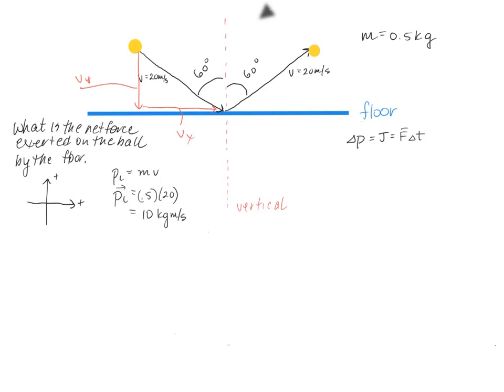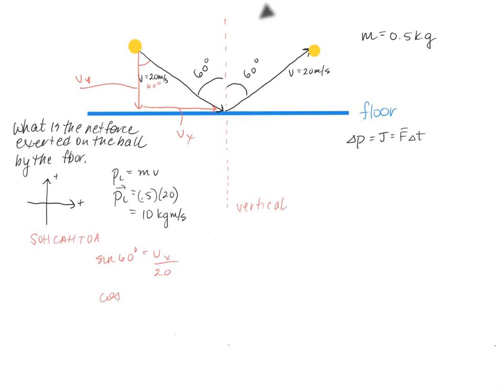So in this case, we're going to go back and use our SOHCAHTOA. Okay, and we're going to write down that the sine of 60 degrees, which, by the way, this is also 60, is equal to Vx divided by 20.